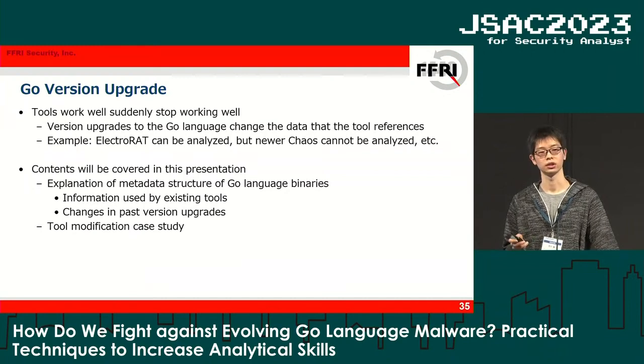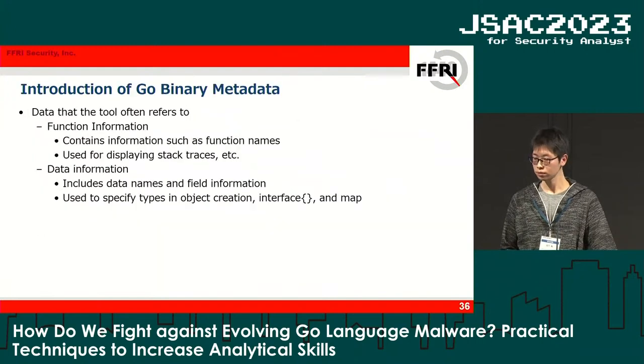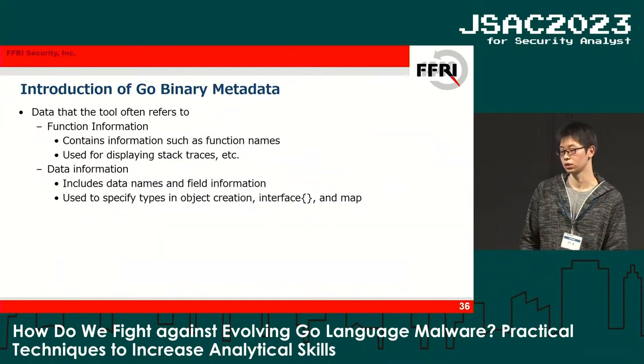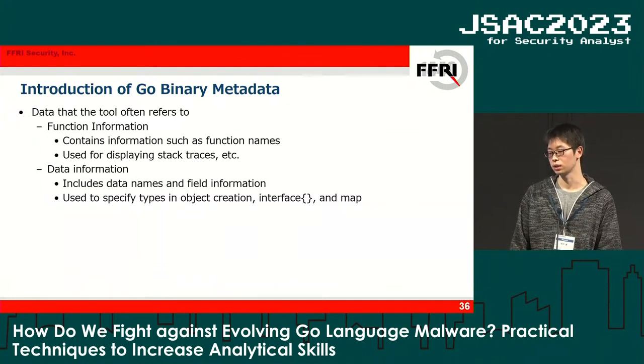And this time, when we face that problem and you want to continue using your favorite tool, I'd like to discuss the metadata information that the tool makes reference to, and also the case of fixing the tool. The function names as well as data type information.